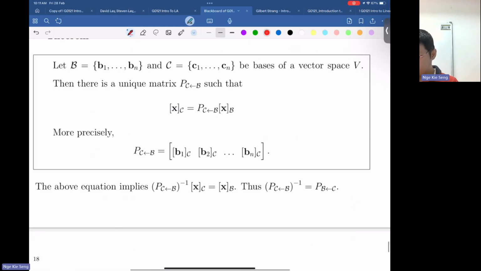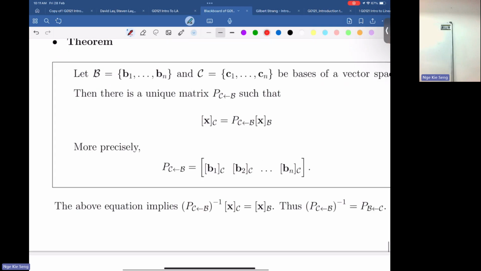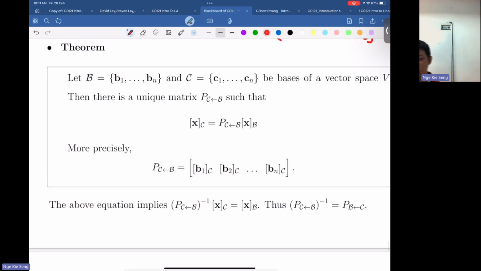Okay, so the definition or theorem is this. If you have a general basis B1 up to Bn, and a second basis, you should expect that C here should also end with Cn. Why?